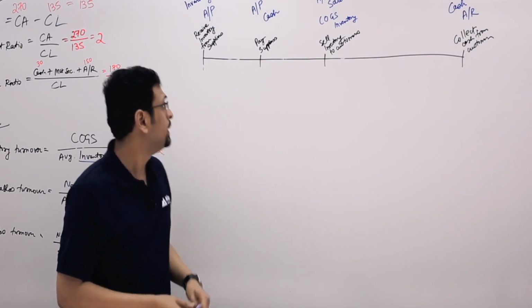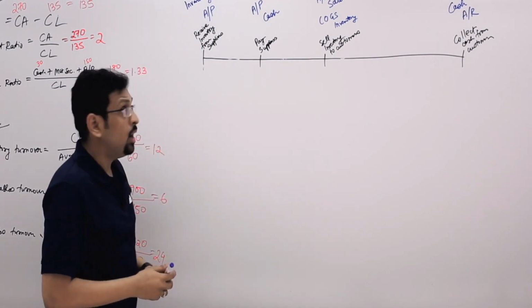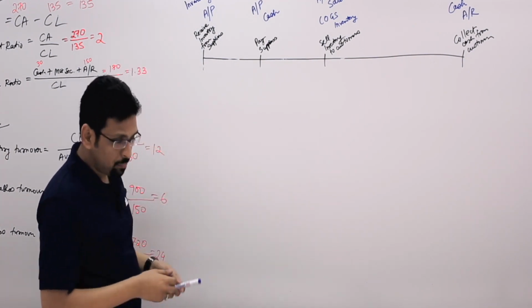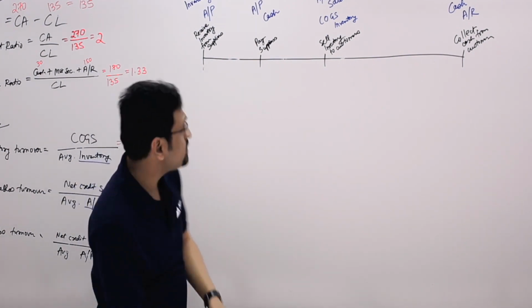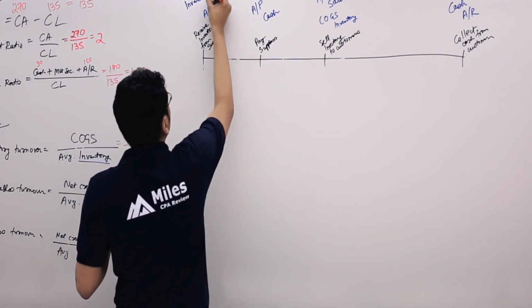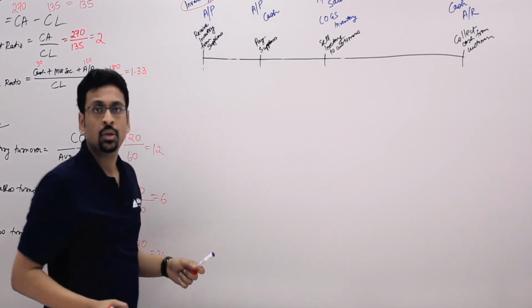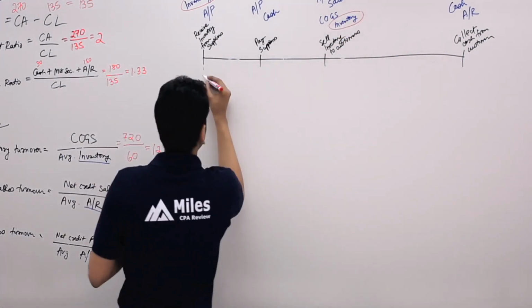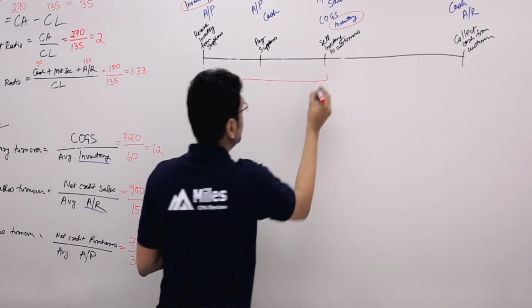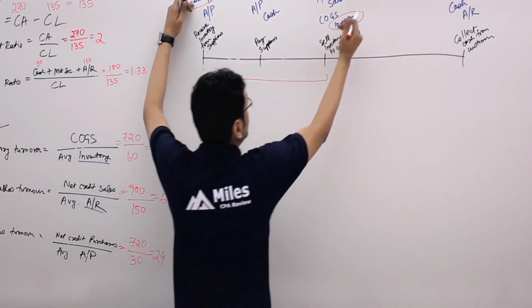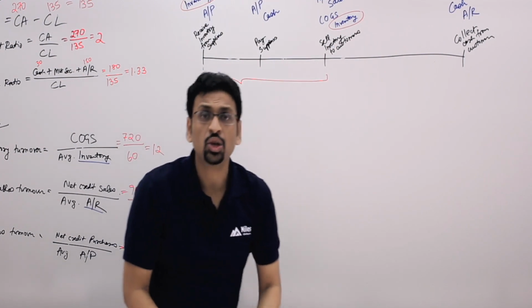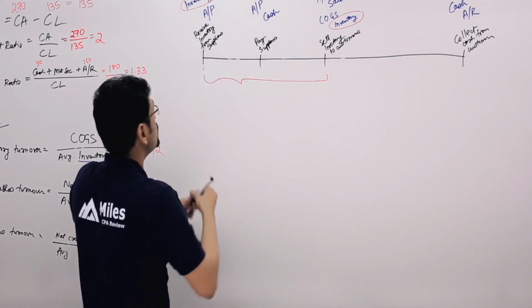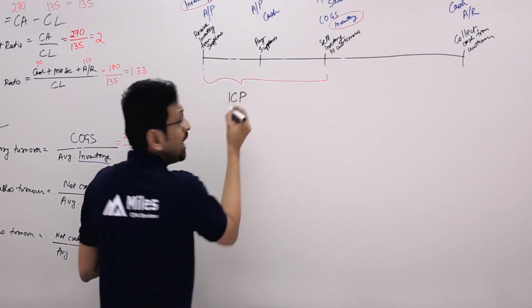Now, we will have a lot of conversion periods out here. So let us say we bought inventory at this point and we sold off inventory here. This period is your inventory conversion period, ICP.